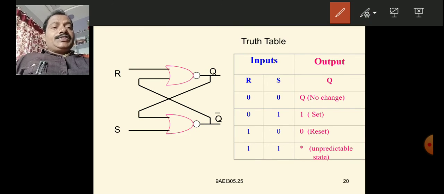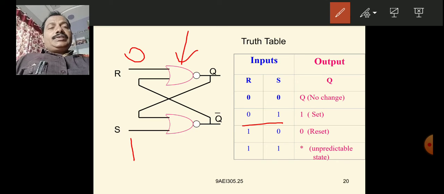Now let us consider the 0 1 combination. That means R equals 0, S equals 1. Observe here. For this NOR gate, you can't tell the output because the other input is unknown.